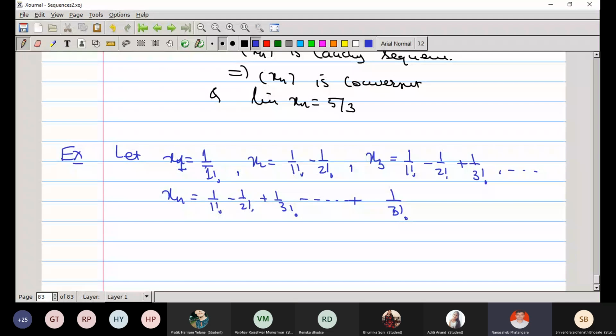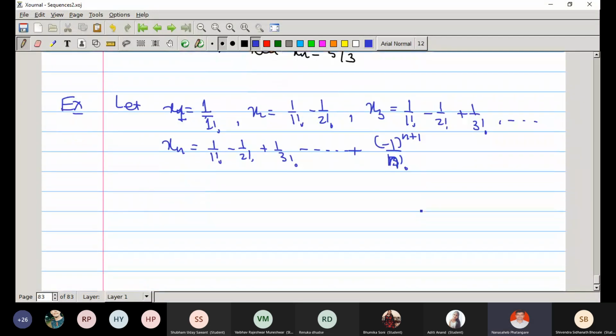Therefore last number is 1 by n factorial, but what is the sign? If n is even, it is negative, and if n is odd, it is positive. Therefore it is minus 1 raised to n plus 1. So this is the general term. This is my sequence xn.